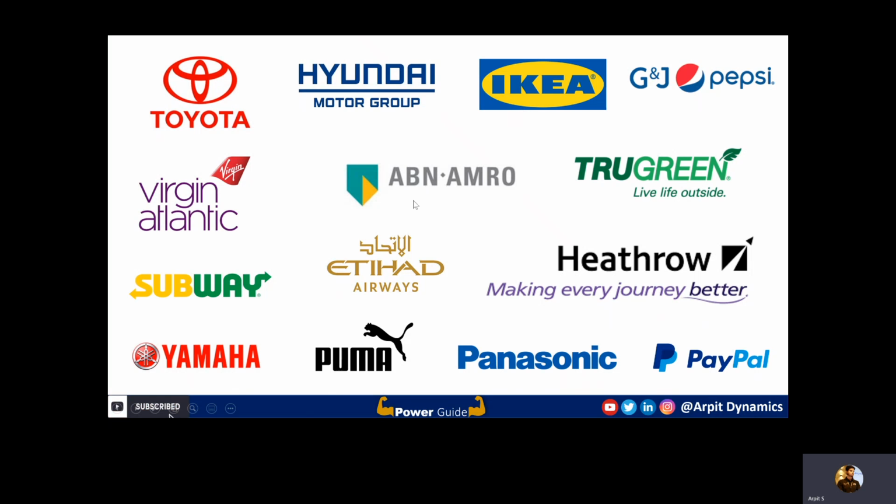ABN AMRO is one of the banks in the Netherlands, and they are also using Power Apps. If I talk about the automobile sector, Yamaha, Toyota, and Hyundai are companies using Power Apps. In retail, IKEA, Pepsi, and Coca-Cola are using Power Apps. If I talk about the airline sector, Heathrow Airport and Etihad Airways are some of the businesses and organizations that are using it.